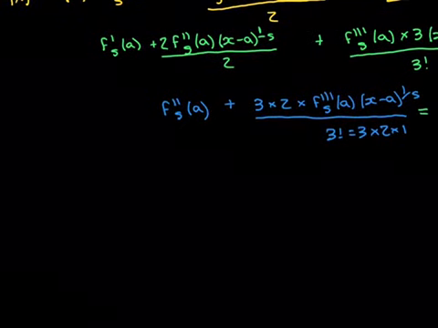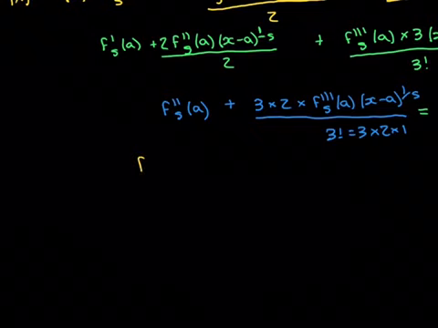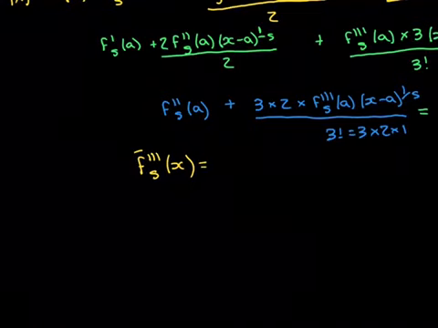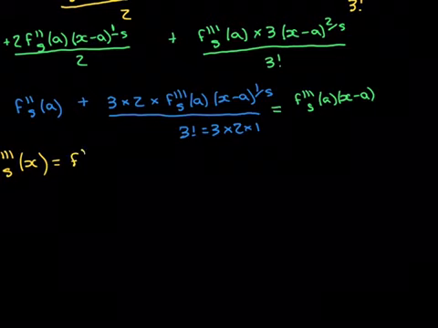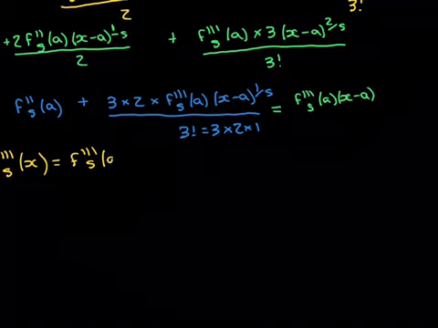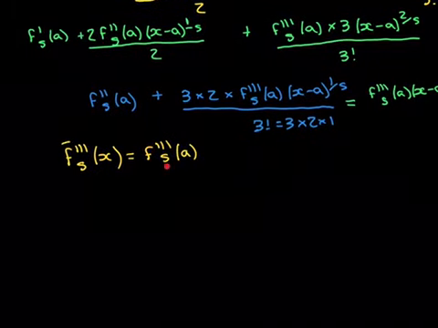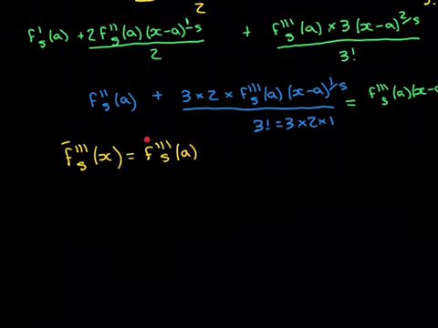And now we just need to check that it has the correct third derivative. So if we take the third derivative of our approximation function, well, this is a constant term, so this vanishes, and this bit over here is just going to differentiate to the third derivative evaluated at a. And therefore of course when you stick in x is equal to a, there is no x in this formula, so it's just going to be equal to this.